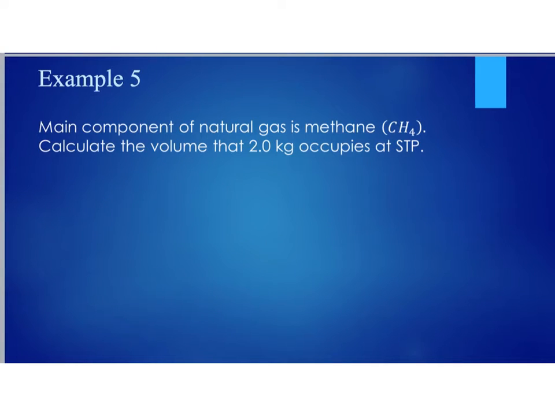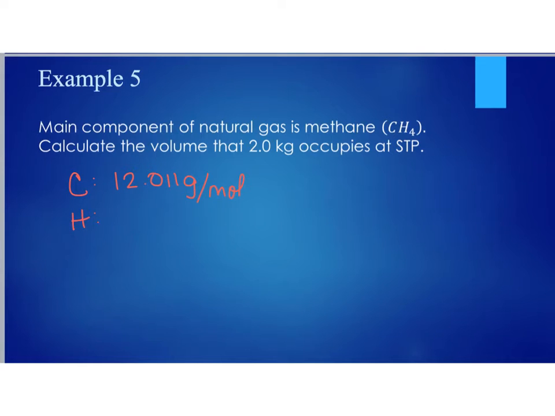So if we look at an actual example now, example 5 says the main component of natural gas is methane, or CH4. We want to find the volume that 2 kilograms is going to occupy at standard temperature and pressure. So the first thing I have to do is find my molar mass. I have carbon, which is 12.011 grams per mole, and I just pulled that right off a periodic table.